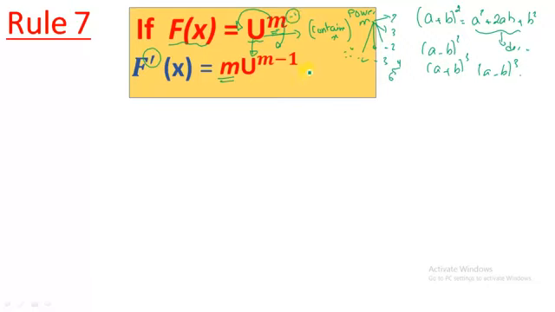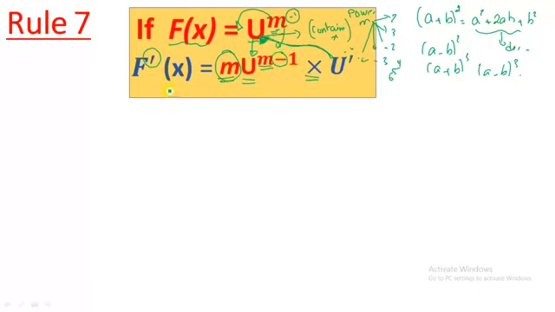Not only this, then we will multiply it by u prime, where u prime is the derivative of u. So again, if I have f of x equals a function raised to a power, then the derivative of this function is the power we have, multiplied by the function raised to the power but reduced by 1, and multiplied by the derivative of the function u.